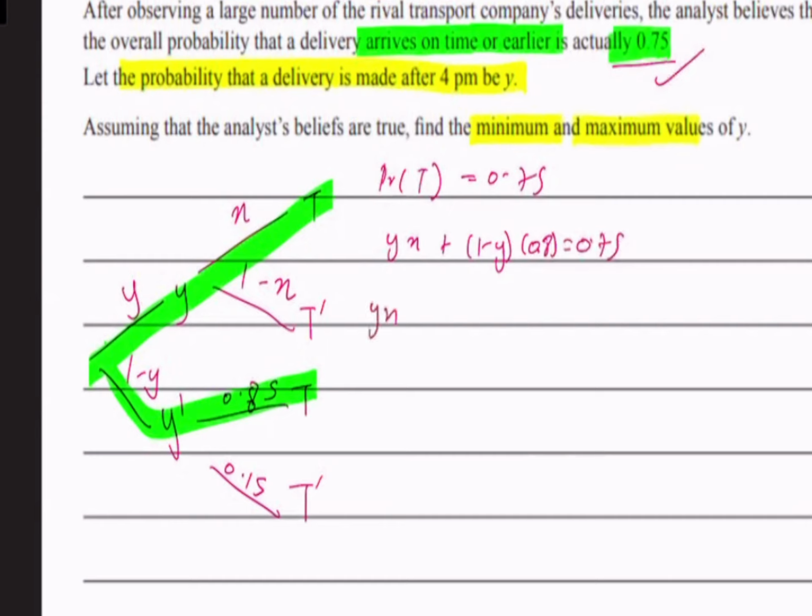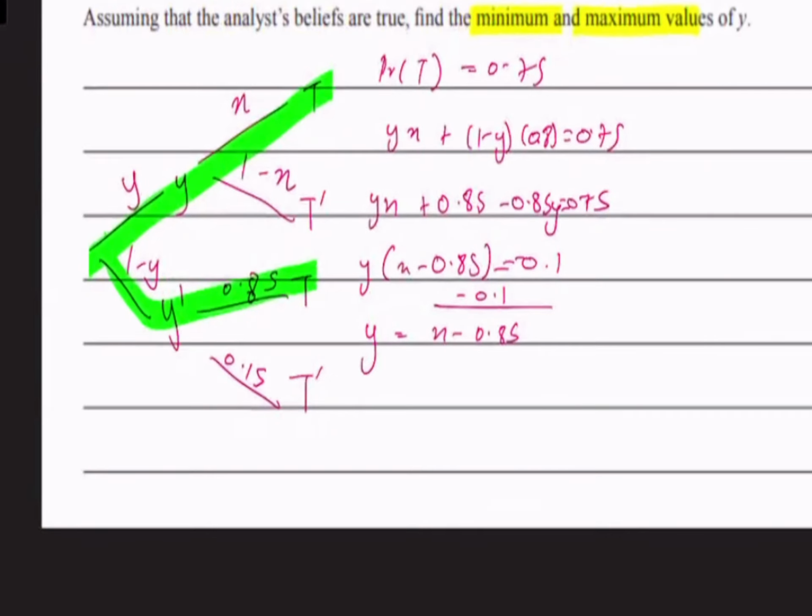Expanding this, yx plus 0.85 minus 0.85y equals 0.75. If we factor out the y, we get y times (x minus 0.85) equals negative 0.1. Since we're trying to find the minimum and maximum values of y, you can see we're getting it into a function where x is the independent variable and y is the dependent variable. So now we have a truncus function.